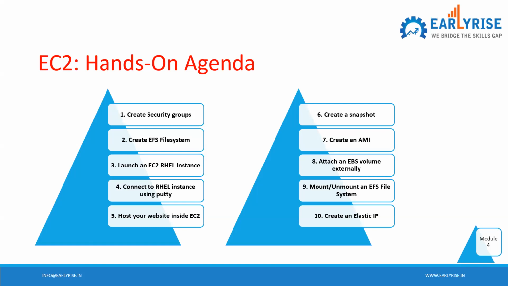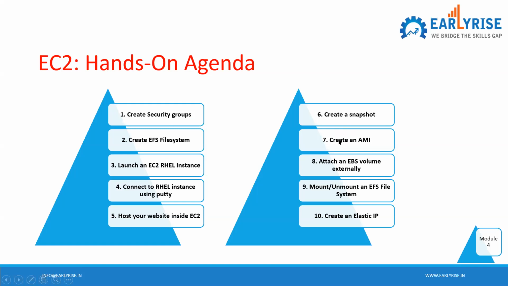In this hands-on, we discussed security group, EFS file system creation, launching an EC2 Red Hat Linux instance, connecting to the RHEL instance using PuTTY, hosting our own website inside EC2, and then creating a snapshot, correct? We also covered mounting and unmounting of the EFS file system.